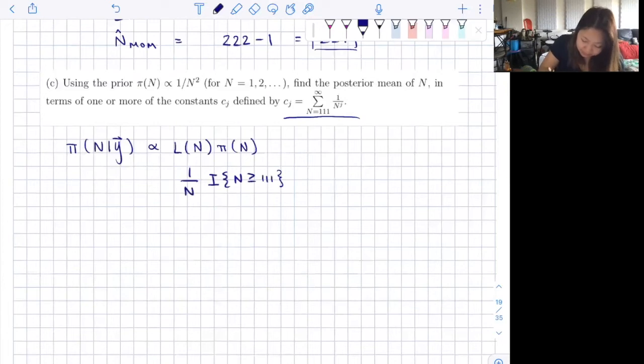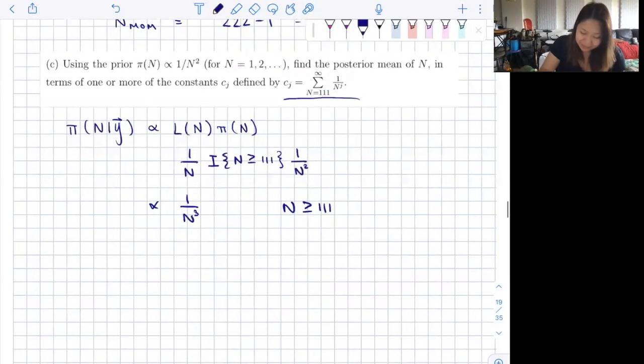The prior is going to be 1 over N squared. So this is going to be proportional to 1 over N cubed, where N has to be greater than or equal to 111. This is just what the posterior PDF is proportional to.